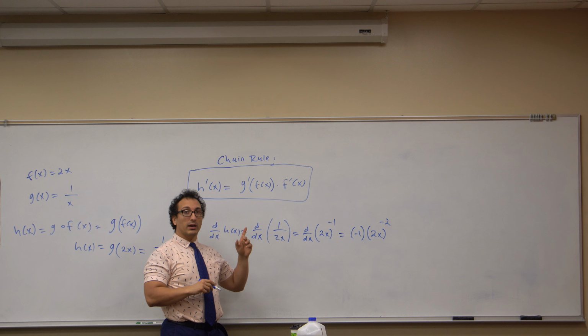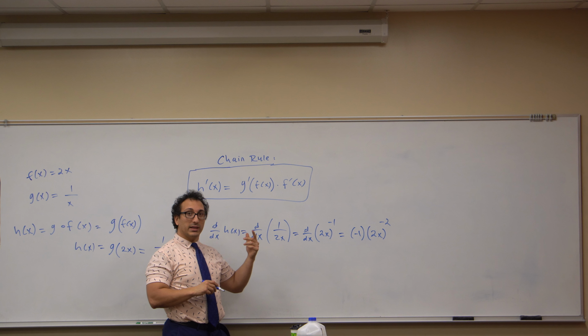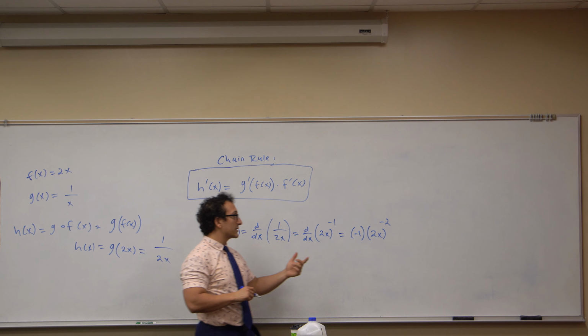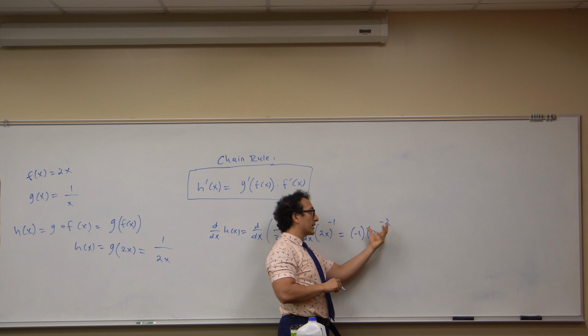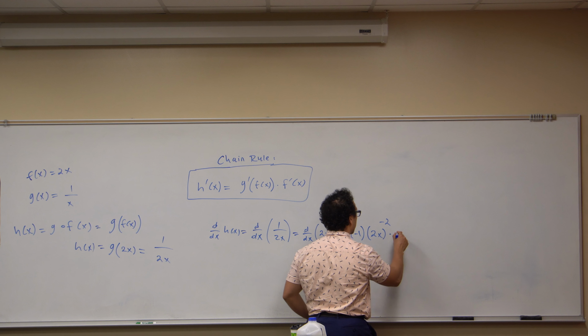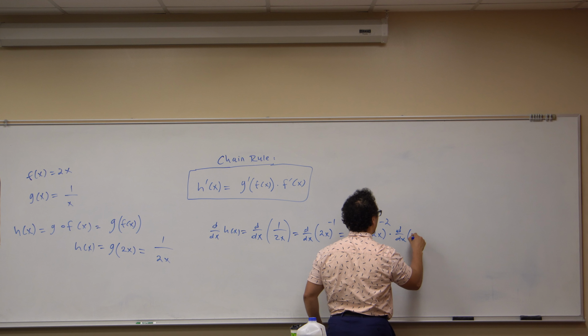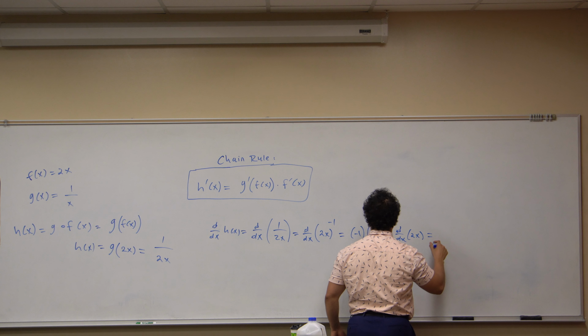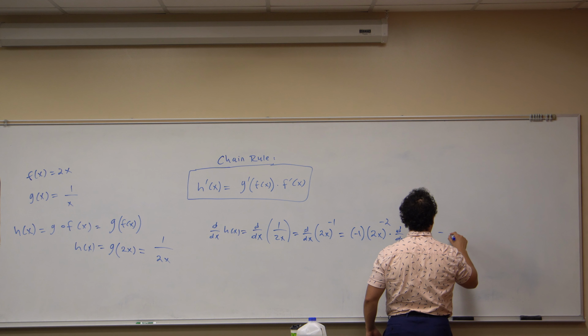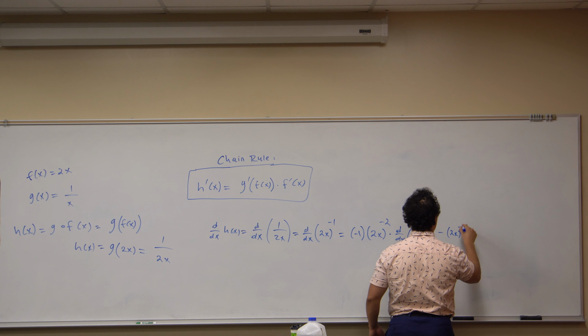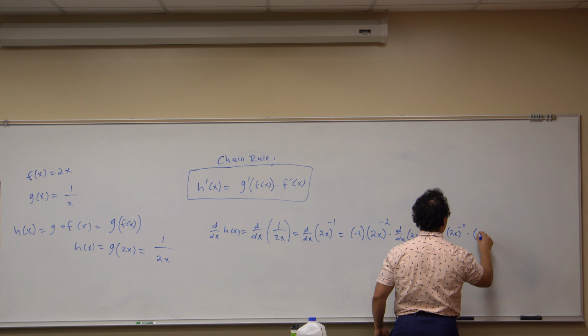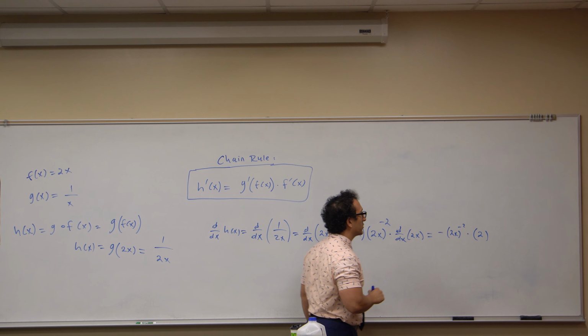Here's the part that you've got to remember. The chain rule is next. You've got to take the derivative of the inside right here without the negative 2 involved. You have to take d/dx of this 2x. This results in negative 2x raised to the negative 2 power times this 2, because the derivative of 2x is just 2.